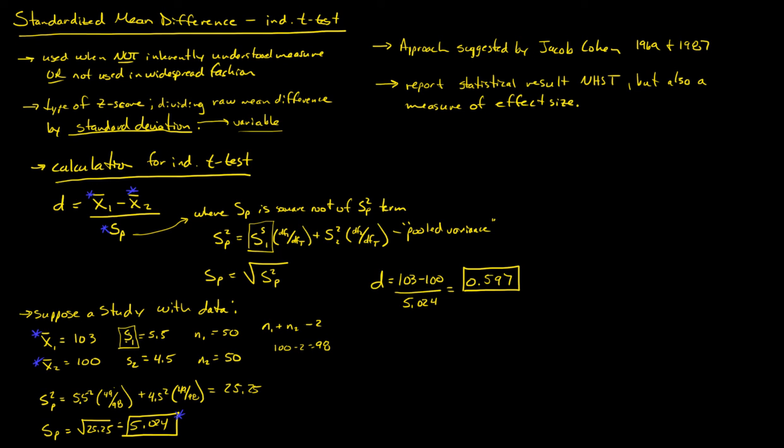Remember that we're testing the null, which says that the mean of group A minus the mean of group B equals 0. So here's the 0, our central point, here's one standard deviation, here's two standard deviations.